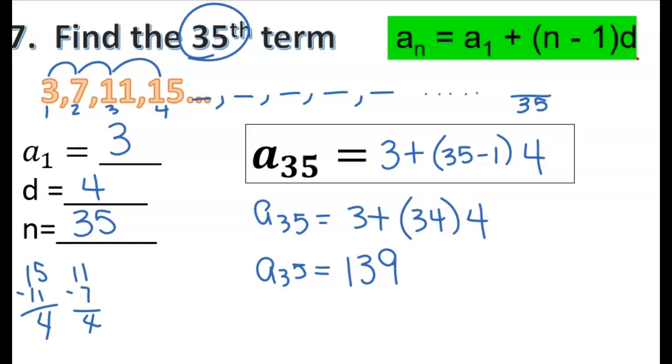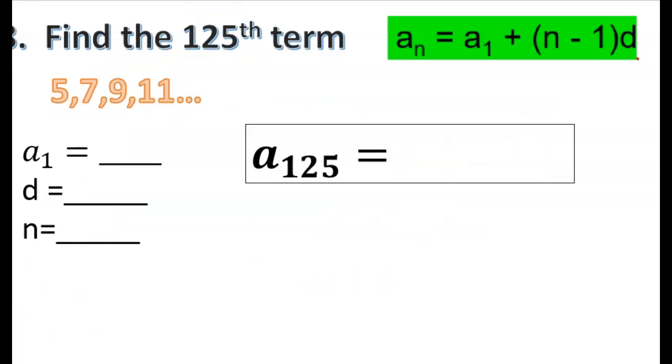You just fill in the formula, calculate the 35th number in the pattern. Find the 125th term in this pattern. Well, what do we start with?